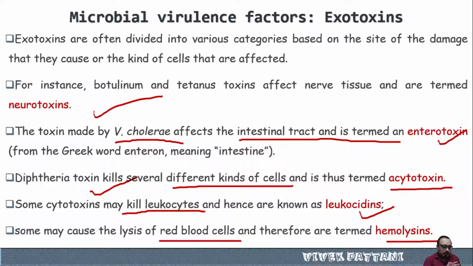according to their function. For example, the exotoxins which affect the nervous system are called neurotoxins. Toxins which affect the intestinal tract are termed enterotoxins. Toxins which kill different types of cells are termed cytotoxins, and if the cells are leukocytes, then these toxins are known as leukocidins.